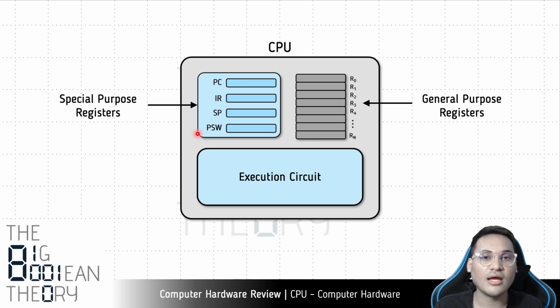Then there is a zero flag, basically whether the result that was produced was a zero value or not. Similarly, for a negative value, there is also a flag. And the program status word can also store whether some error or exception occurred while executing instructions.